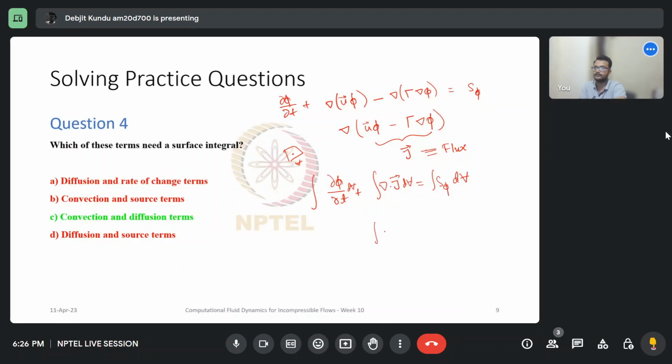That gives us the integral of J dot dS over the surface S, and the remaining terms remain as they are. Since those are not divergences, we cannot apply the Gauss divergence theorem there.